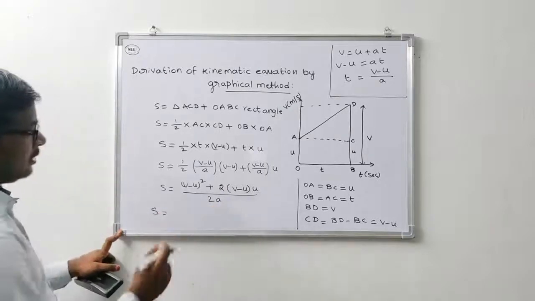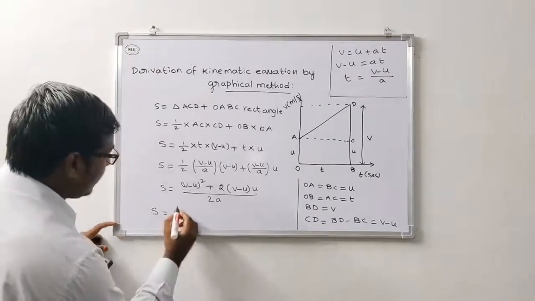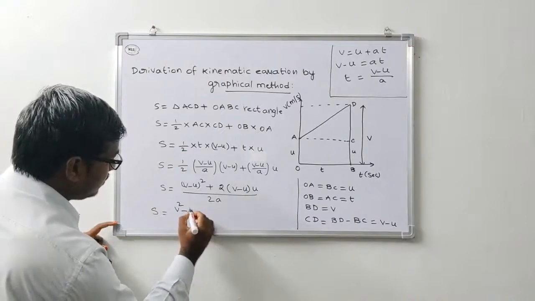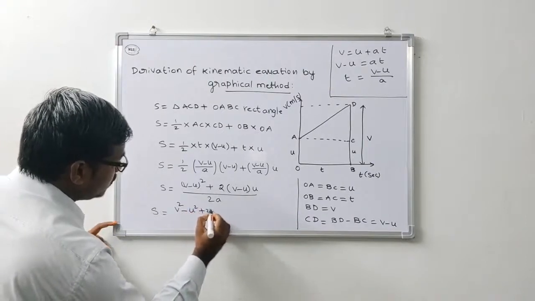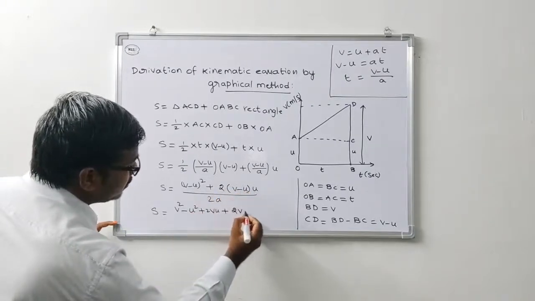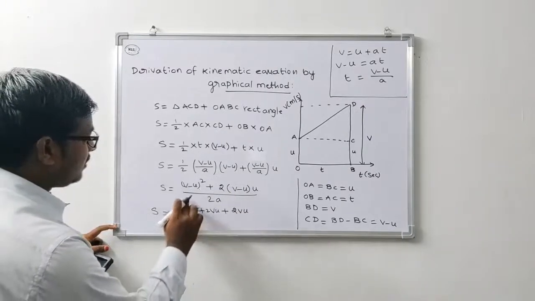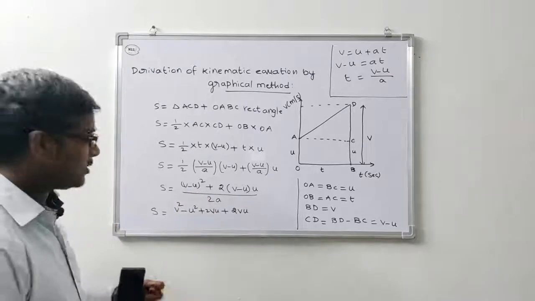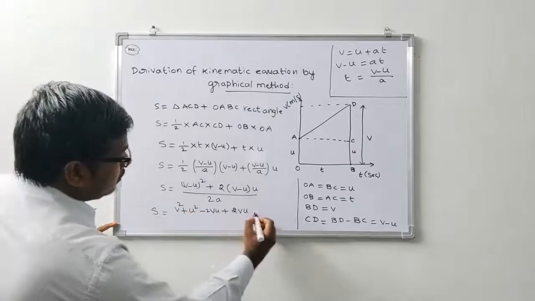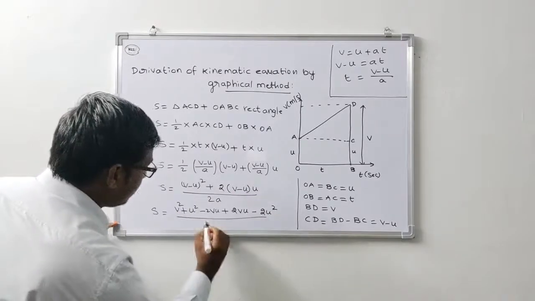Using the A minus B whole square formula, A square plus B square minus 2AB: V square plus U square minus 2VU, plus 2VU minus 2U square by 2A.